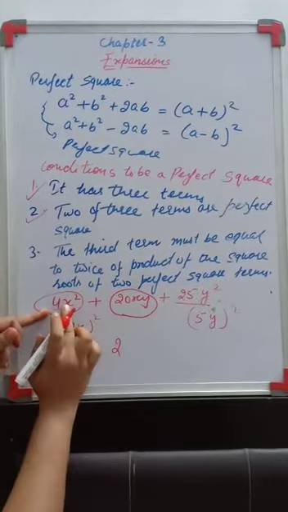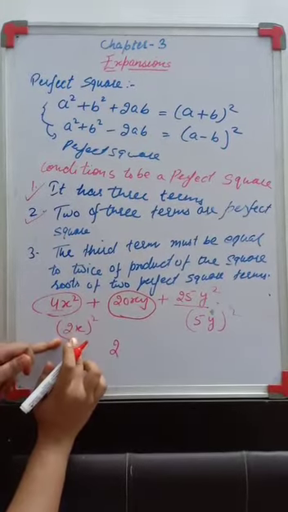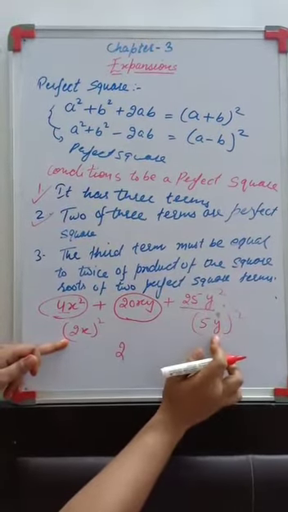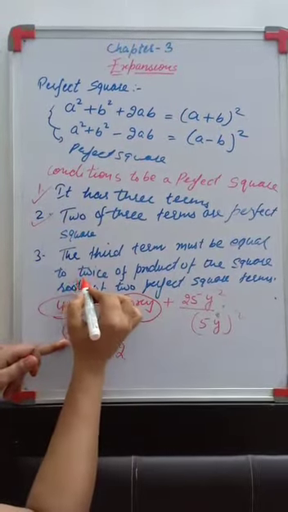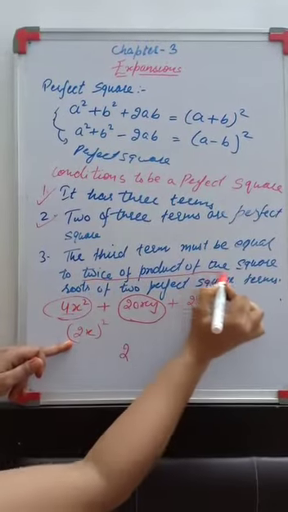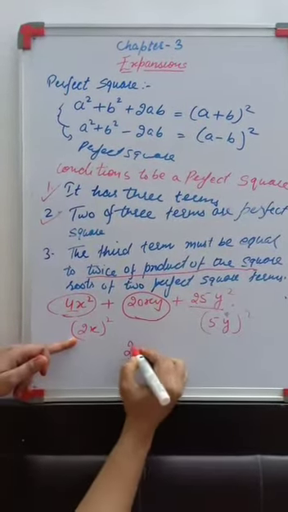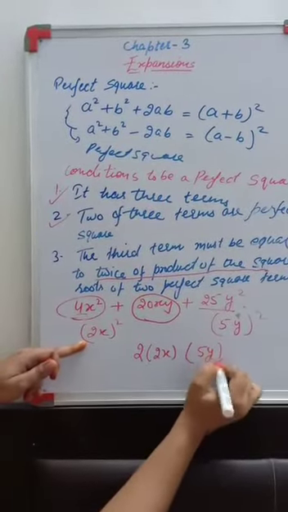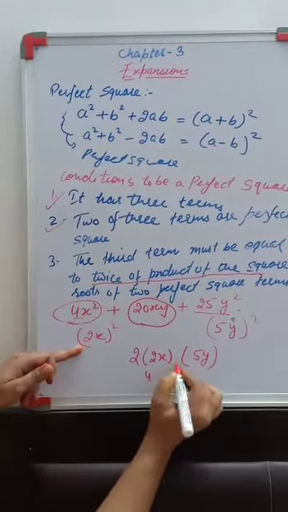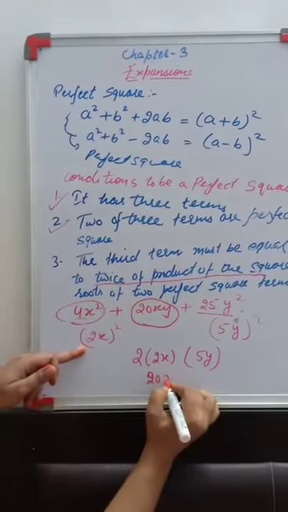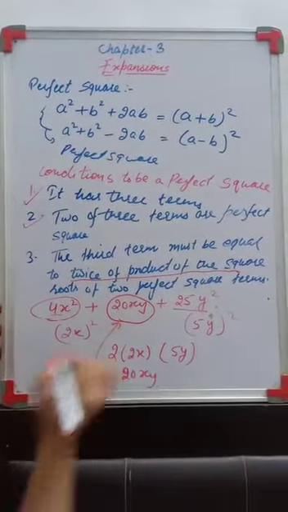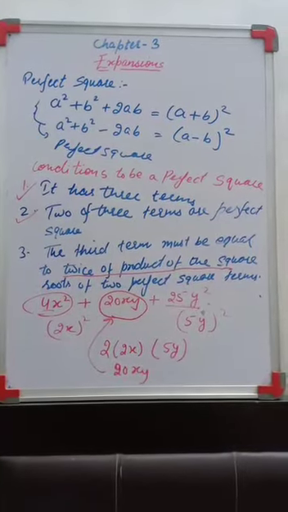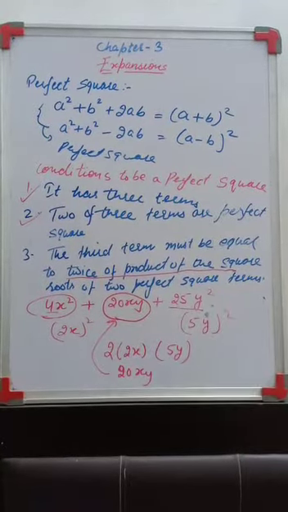The square root of 4x square is 2x, and the square root of 25y square is 5y. So it must be equal to twice 2x into 5y. Check it: 2 into 2, 4, into 5, it is 20xy. Is it the same? Yes. That means it is a perfect square because all three conditions have been satisfied.